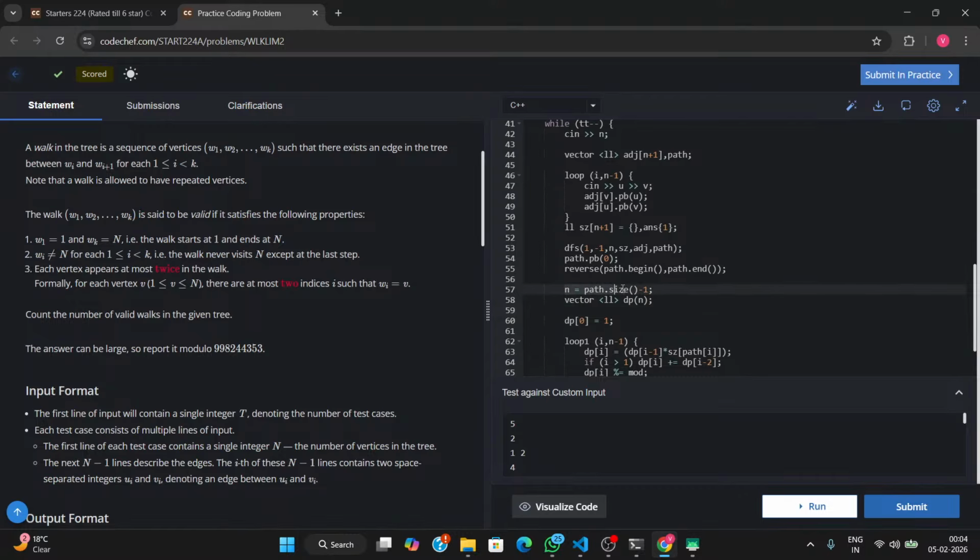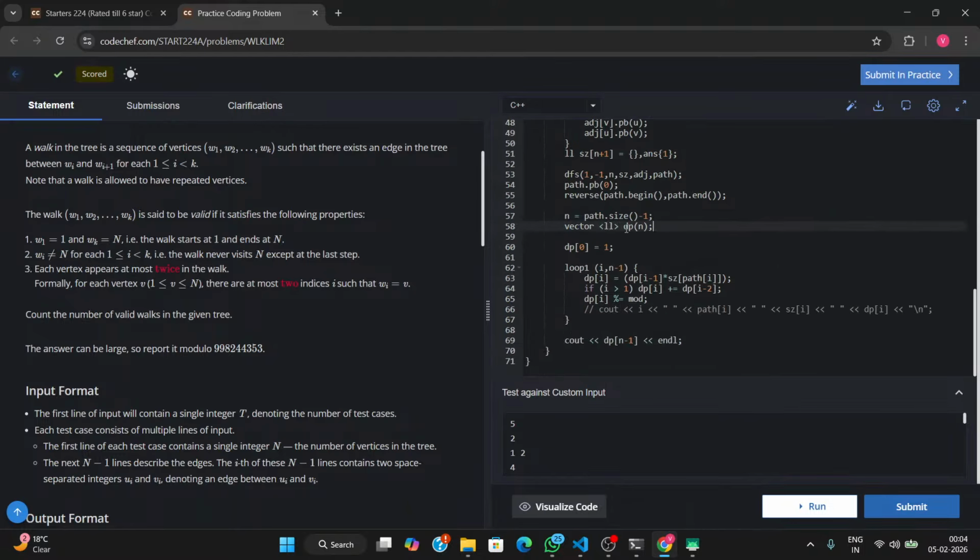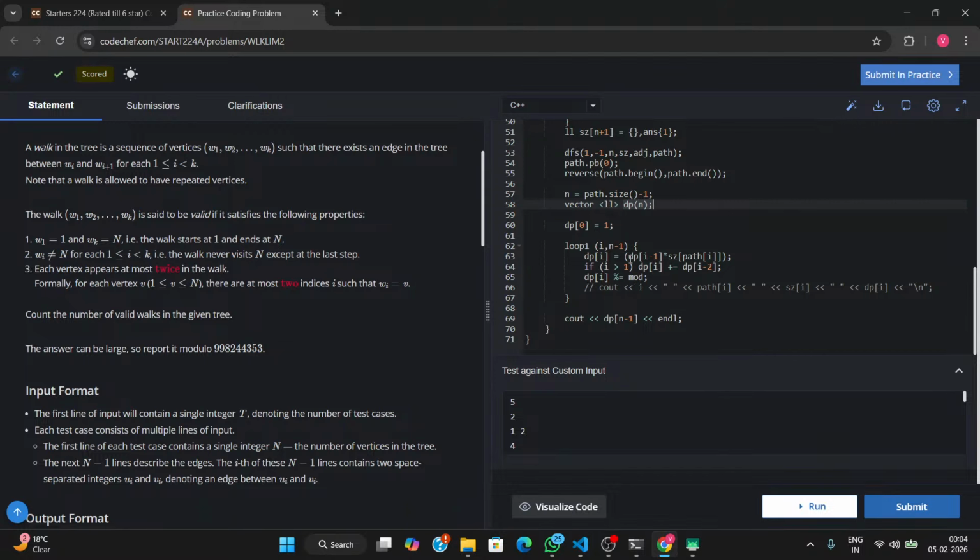So this is done. Now we will simply calculate our DP. n is the size of that path. So for DP i, what is DP i? DP0 will be 1. Our initialization of the DP will be 1.